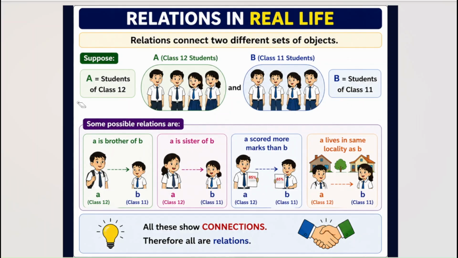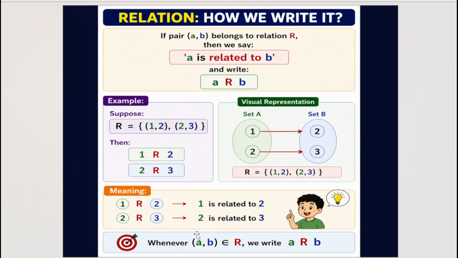Some possible relations are: A is brother of B, A is sister of B, A scored more marks than B, A lives in the same locality as B. So these are the possible relations or connections, right? Therefore, all are relations here. Next, how can we write it? The next part is very important and will come in the coming lectures, and today also we'll discuss some of it.